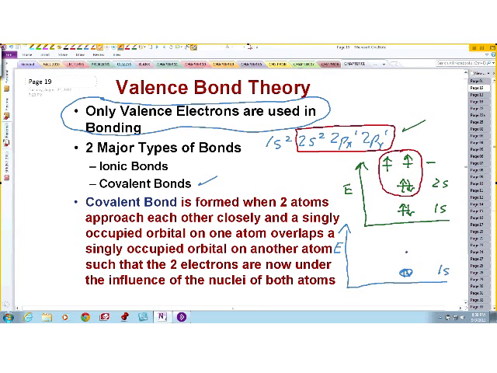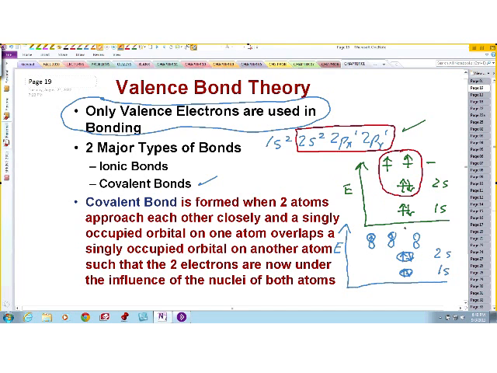And similarly, we have the 2s orbital, also spherical, also with 2 electrons. And the p orbitals are dumbbell shaped, and only 2 of them have electrons. So what I've given you here are different representations of the same concept.